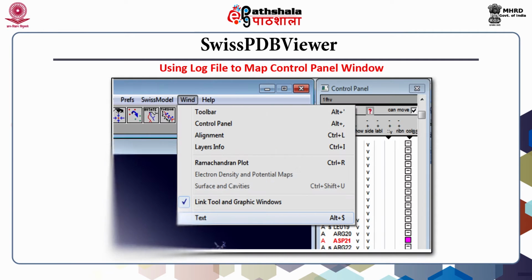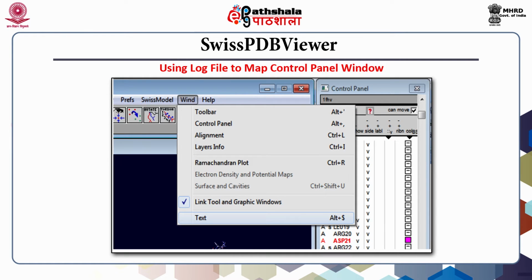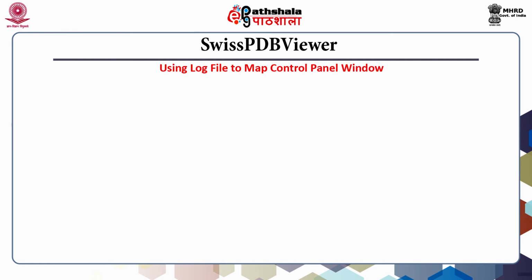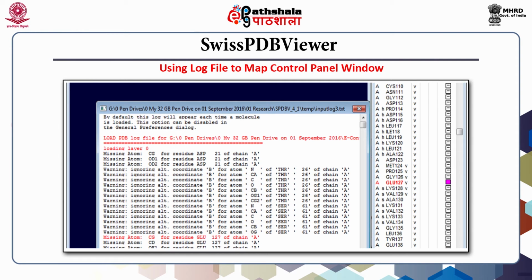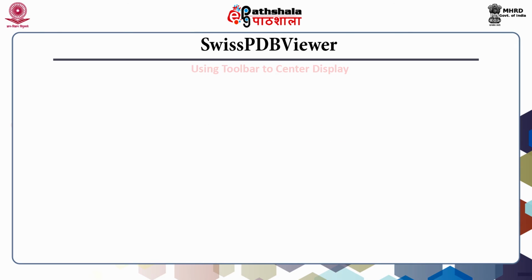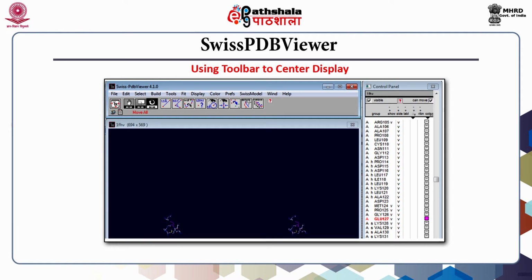Using text command of the WIND menu, switch to log file and click in the line containing message for missing atom of residue GLU127 of chain A. Click anywhere in the dark blue display. This will display the selected glutamate 127 with some other residues.